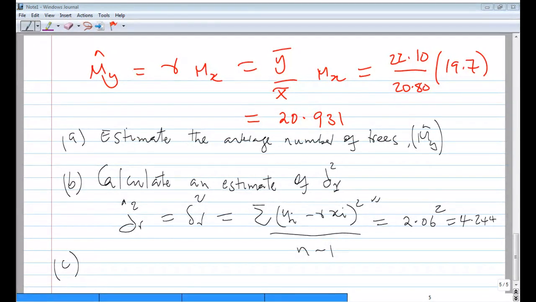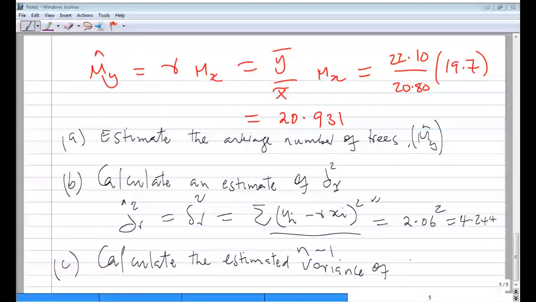Now let's calculate the estimated variance of the estimated mean, which is mu y hat.